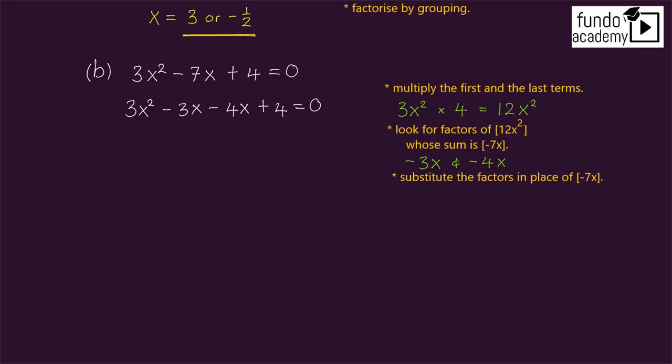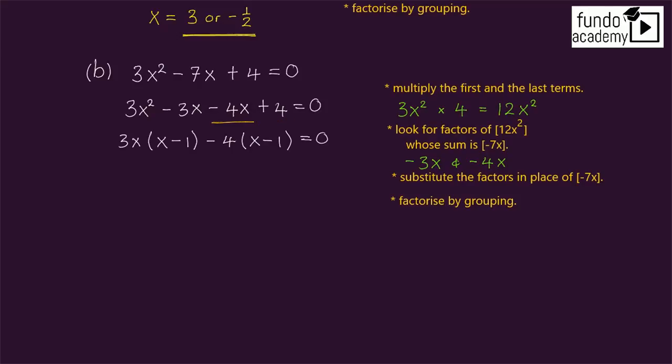And I factorize by grouping. So I start with this group. The common factor here is 3x. I factor out 3x, and I divide 3x into 3x squared to get x, and 3x into minus 3x to get minus 1. Again, for this group, I factor out minus 4, and if I divide minus 4 into minus 4x, then I get x, and minus 4 into 4, I get minus 1, and that will be equal to 0.